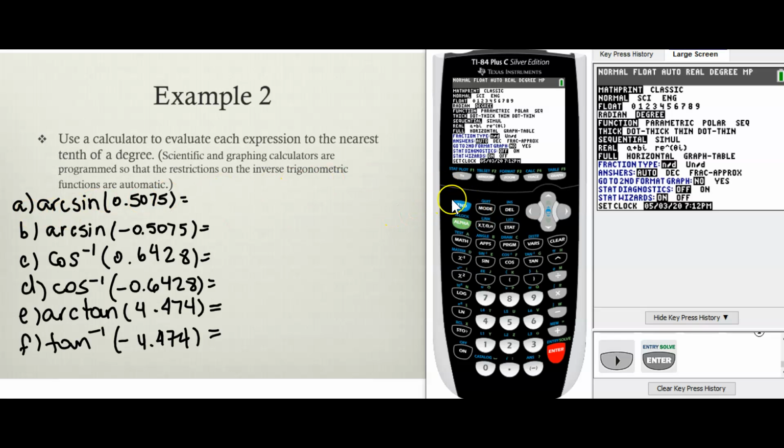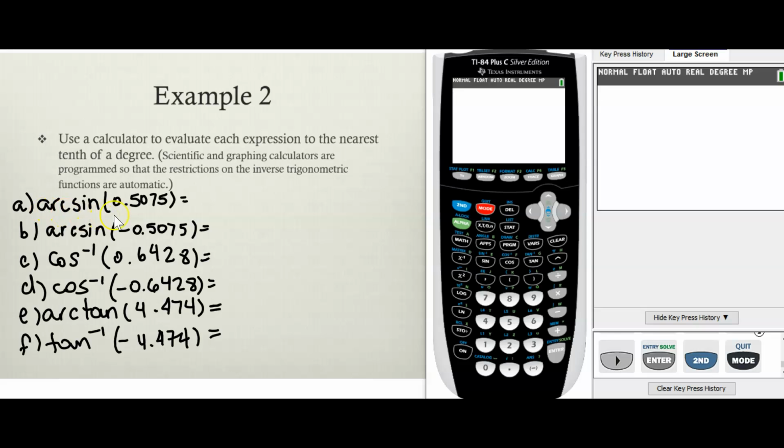Now let's do the first part. Find arcsine of 0.5075. Remember, arcsine is the same as sine inverse. To get to the sine inverse, we need to click second, go to sine, and then enter 0.5075.